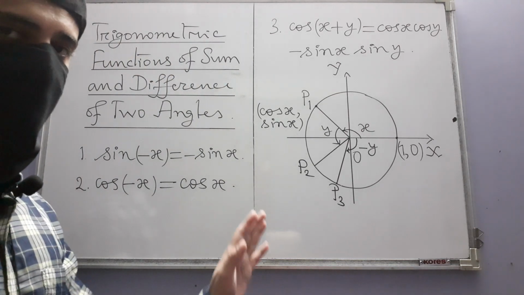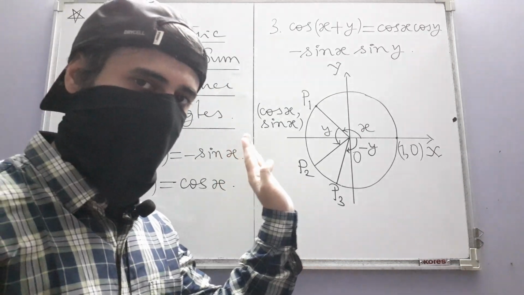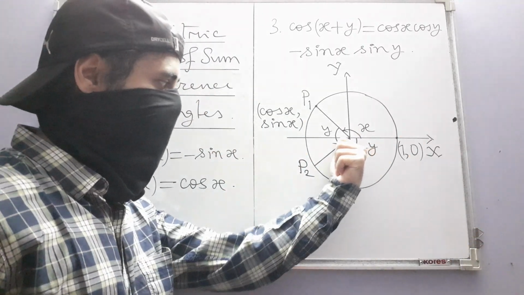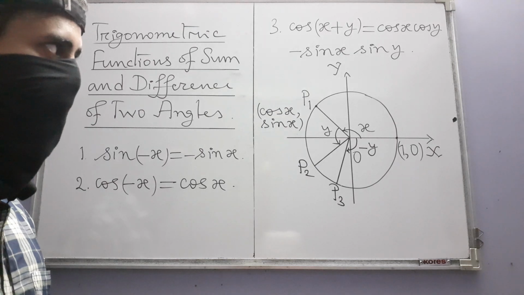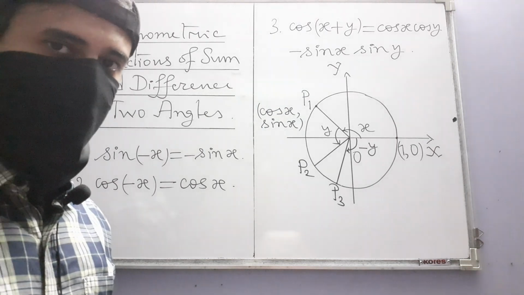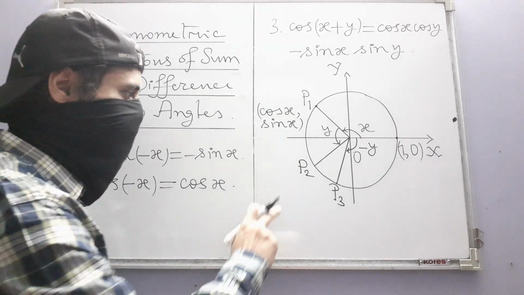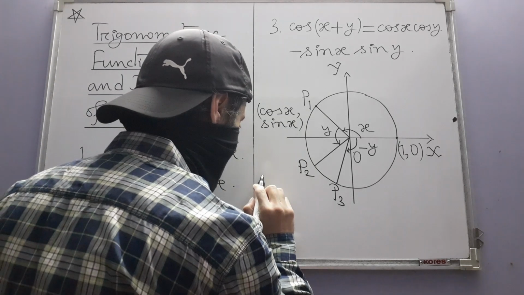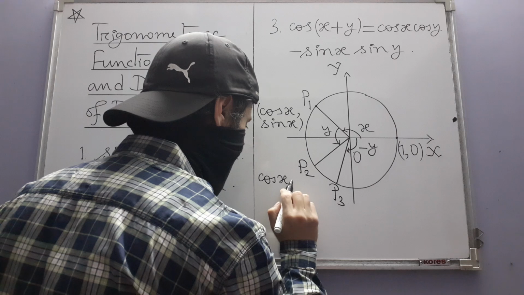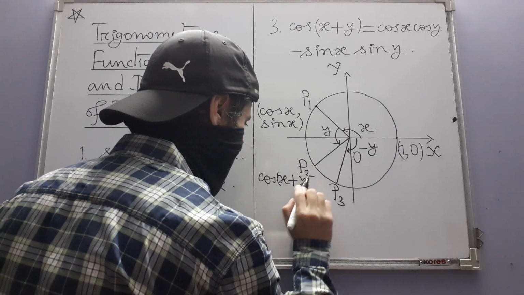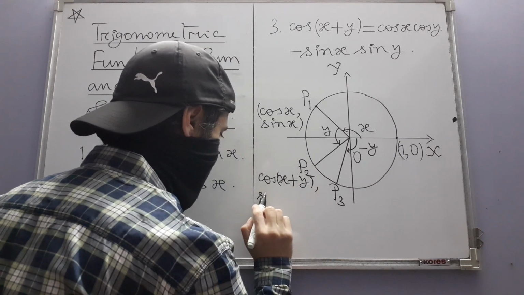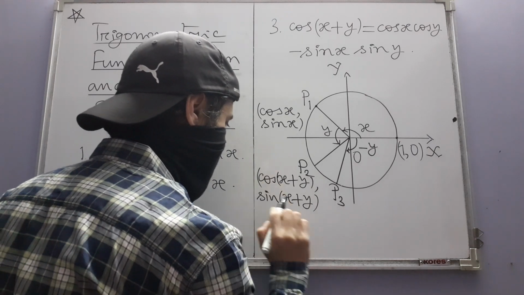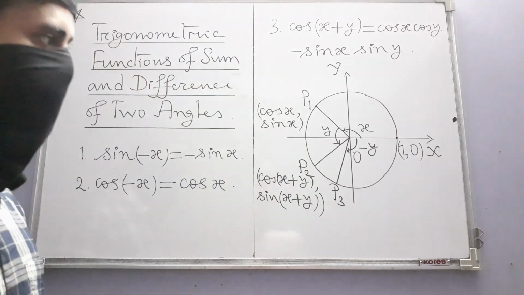So the initial ray of x plus y is this OX, and the terminal ray is OP2. So again, from the definitions of our trigonometric functions, we can write the coordinates of P2, and they are, the x coordinate is cos(x plus y), and the y coordinate is sin(x plus y). So these are the coordinates of P2.